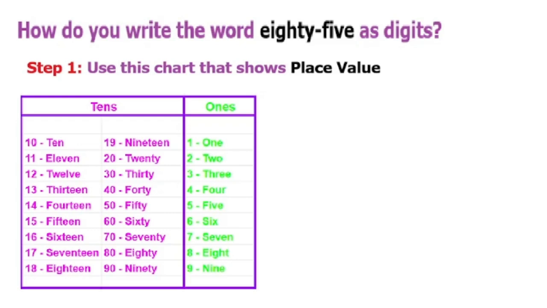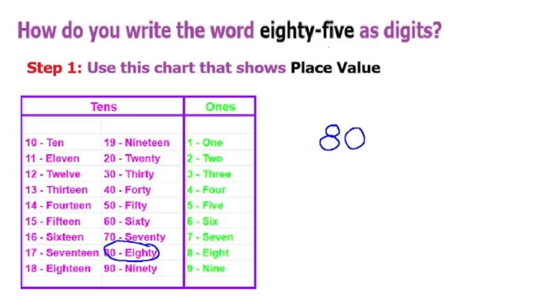Okay, so if we're going to write that word 85 as digits, as numbers, we need to pick out 80 from the chart. So this is 80. And so we know that 80 looks like this, 80, right? Because it says so here in the chart.